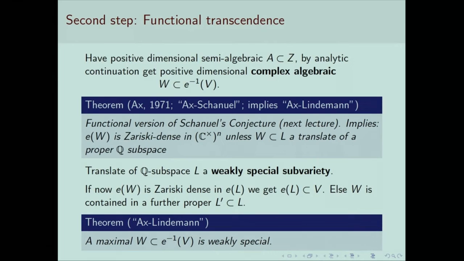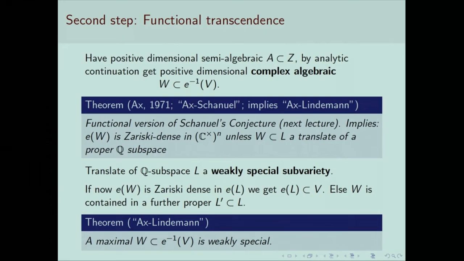Again, this is something that's answered by, as a very special case, a theorem of Ax. So Ax proved a functional version of Schanuel's conjecture, and I'm going to talk about that much more in the next lecture, and its generalizations.